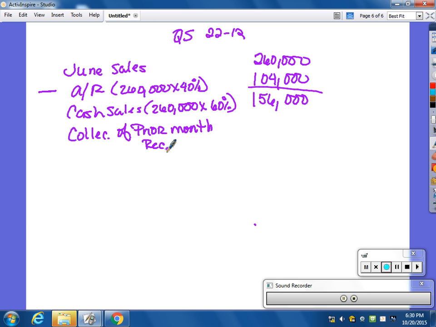Aren't we collecting from the previous month? Isn't that what you just told me? Collection from prior month? May comes before June? Yeah. 250,000, how much of that did we collect? It says customers pay in the month following.